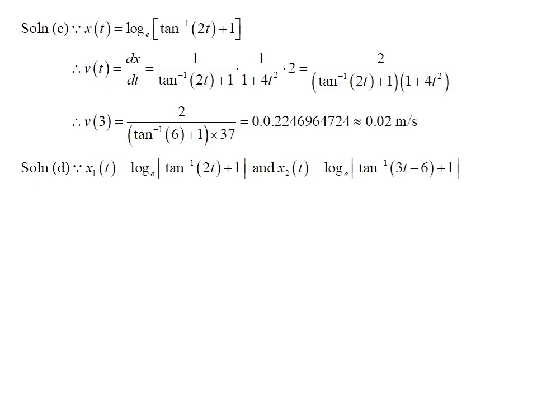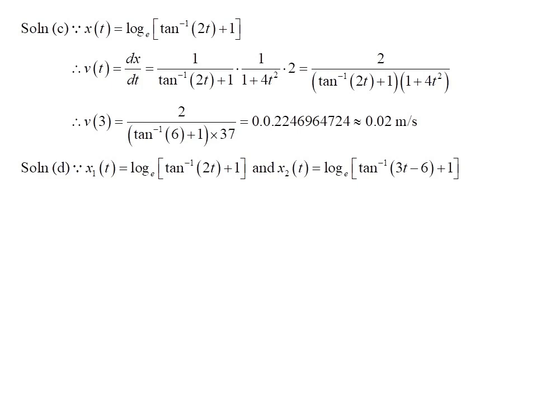2 seconds after the first particle passes through O, a second particle passes through O. Its distance is x equals logarithm base e of the sum of arctangent of 3t minus 6 and 1. Part D of this question is to verify that the particles are at the same distance from O when t equals 6 seconds. As for the first particle, x1 equals logarithm base e of the sum of arctangent of 2t and 1.